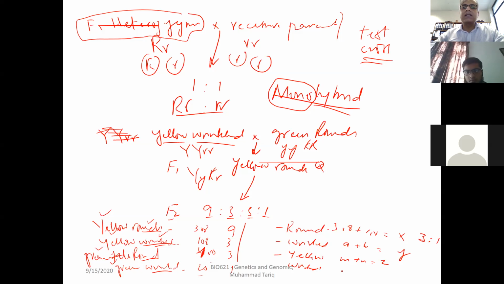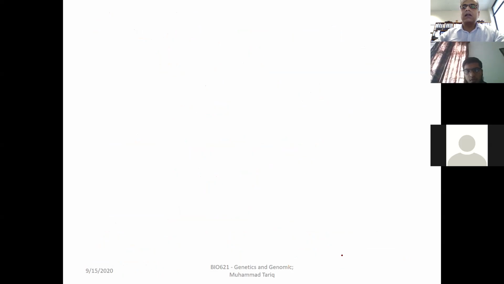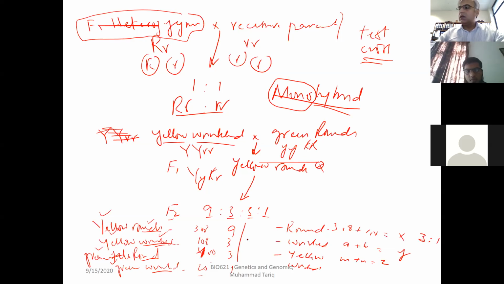Let's say this is C plus D. And again, he found that the ratio of yellow to green was also 3:1.